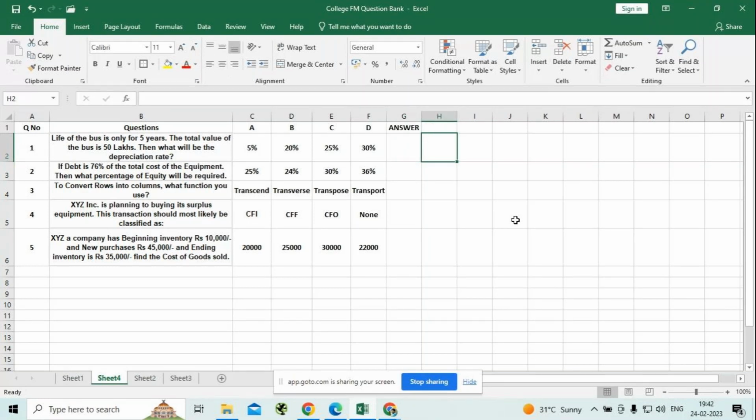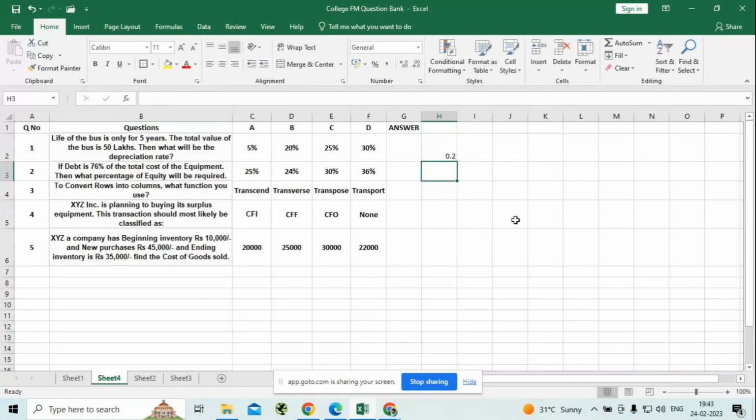If you are going to calculate the value of the bus, it is 100% divided by the number of years.